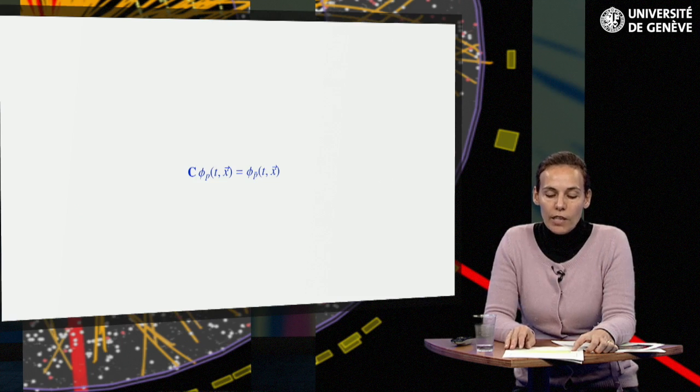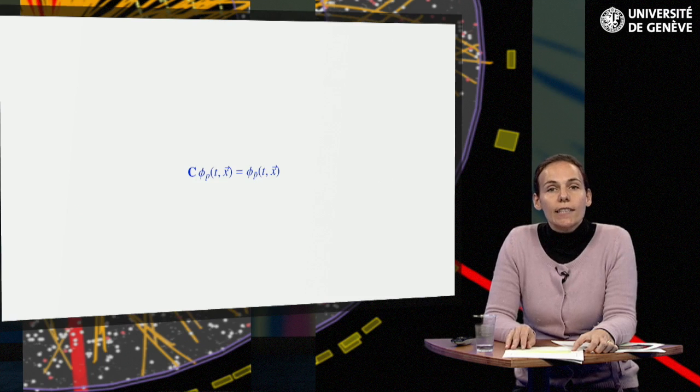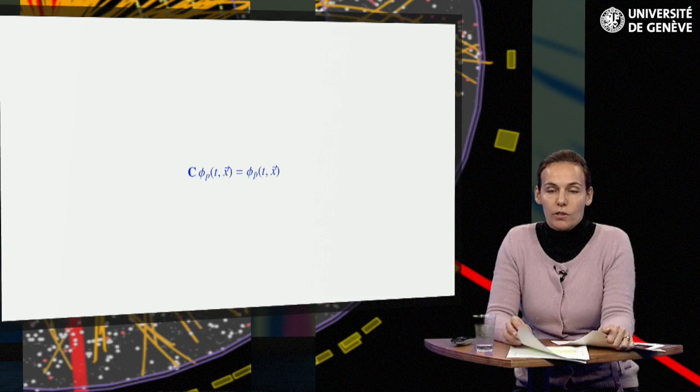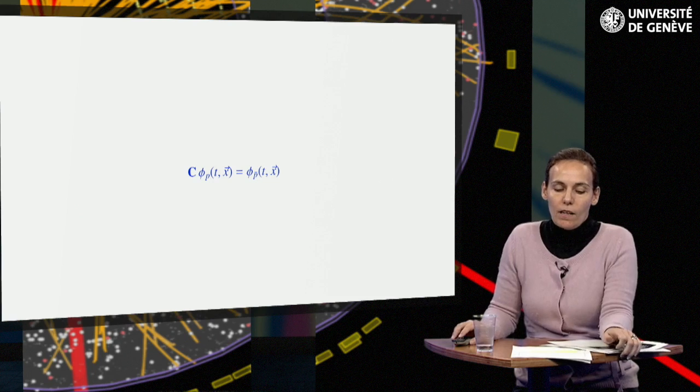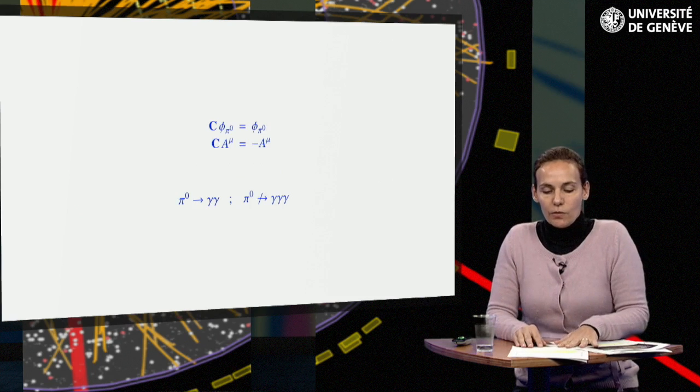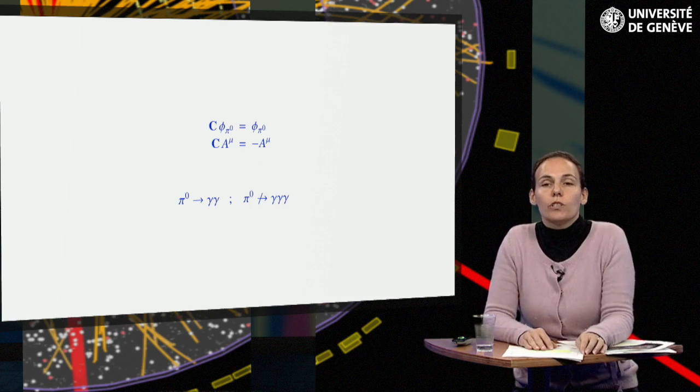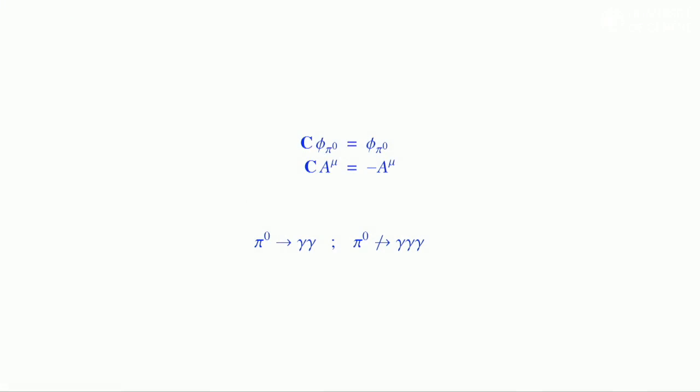Particles which do not have any charge can be eigenstates of C. They are their own antiparticles. The photon and the Z bosons are examples. The pseudoscalar meson pi 0, which is also its own antiparticle, has C phi pi equal to phi pi, with eigenvalue C equals to plus 1.